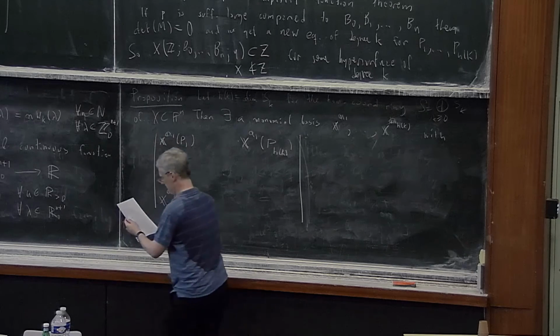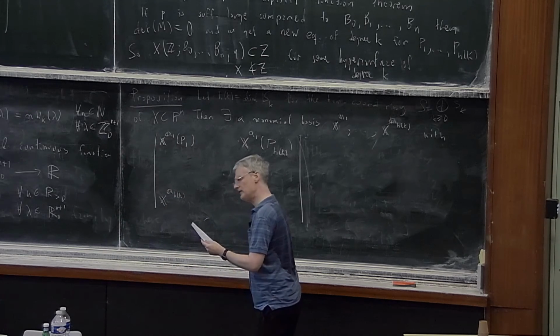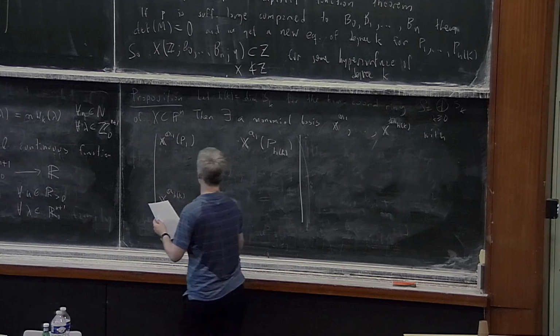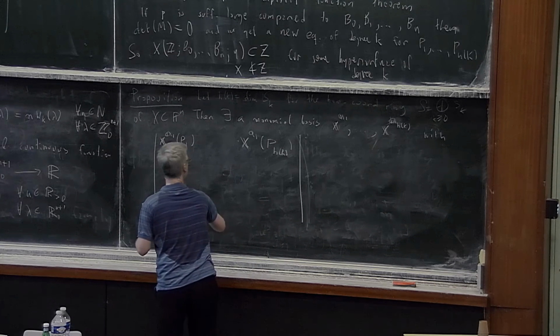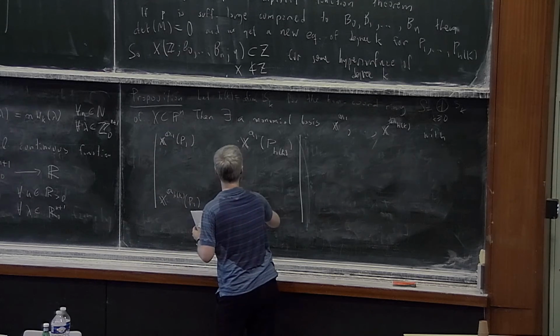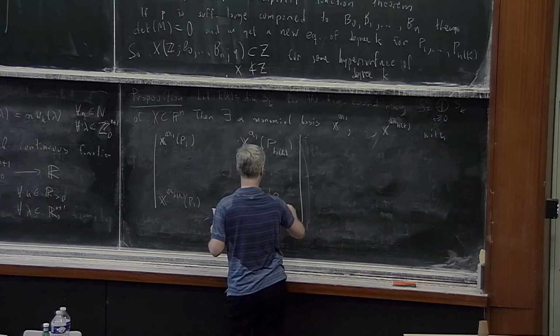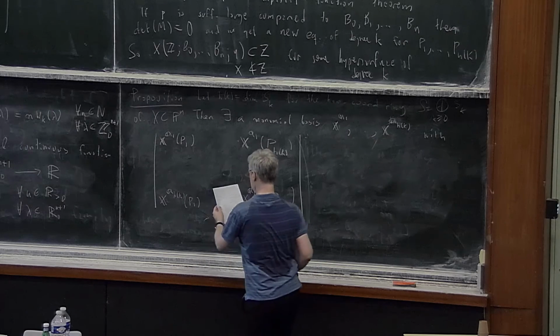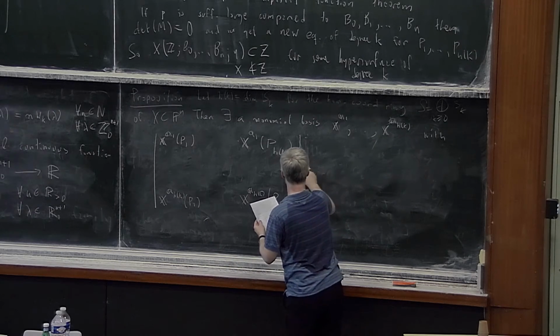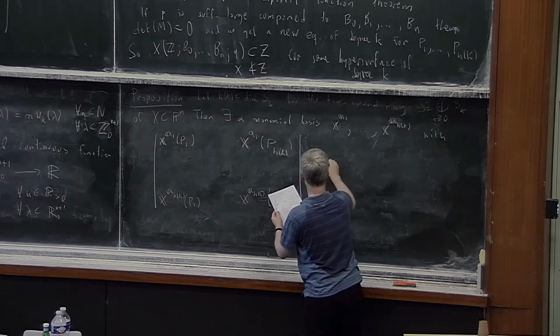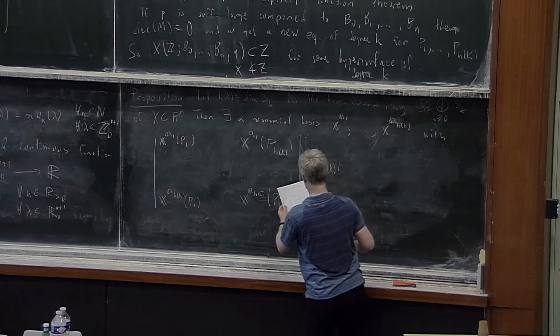So I have these h(k) functions which I evaluate in these integral points, giving x^(a_h(k)) of p_h(k). Then this is bounded by b^(h(k)) factor times n.